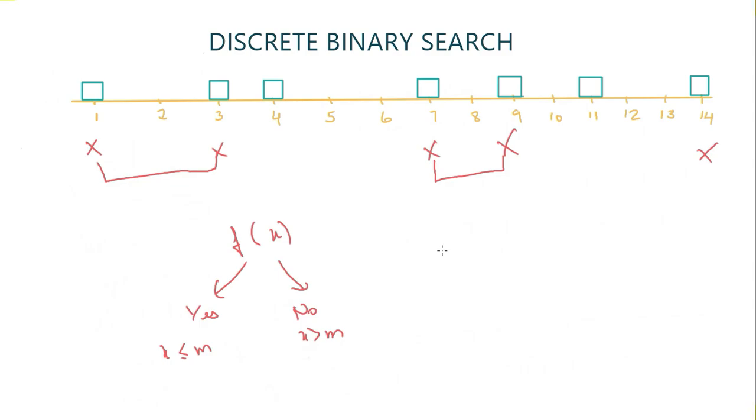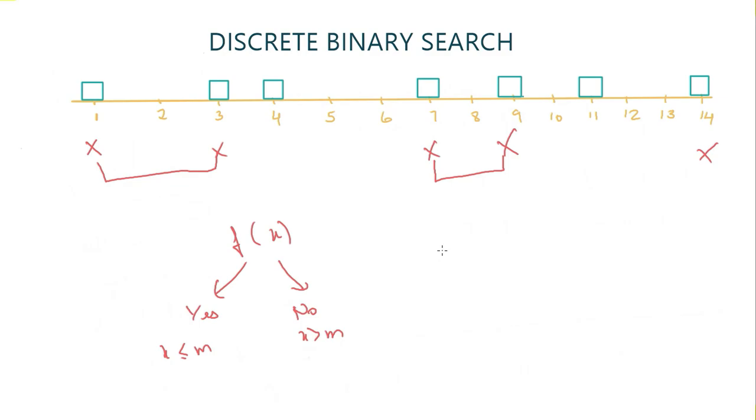So now let's take a step back and try to understand what we are actually doing. We need to find a monotonic function on a given problem. To do that, we find a function which returns a Boolean value, either true or false. And then we need to prove that this true-false function is monotonic.